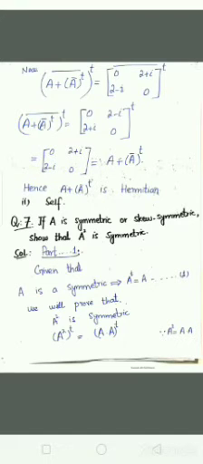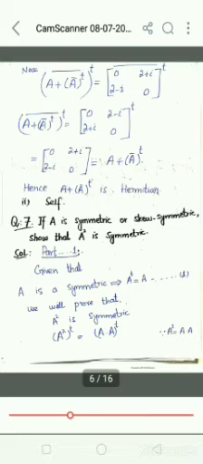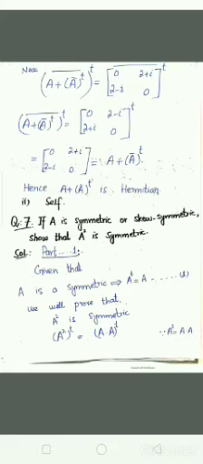The conjugate of this matrix is obtained by applying conjugate on each entry of this matrix. So we take the conjugate of 0, the conjugate of 2 plus iota, the conjugate of 2 minus iota, and the conjugate of 0. The conjugate of 0 is 0 because 0 is a real number.